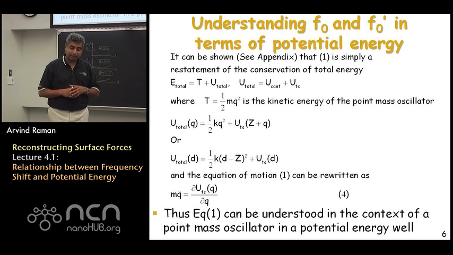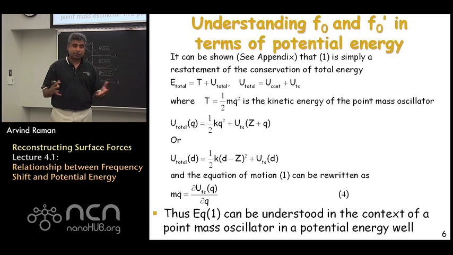Either way, at the end of the day, when one takes this total potential energy into account, you can show that the equation of motion that was derived, equation 1, is simply a statement of the following equation, which is 4, which is that m q double dot equals the negative gradient of the potential energy with respect to q, or with respect to d if you write the equation in terms of d.